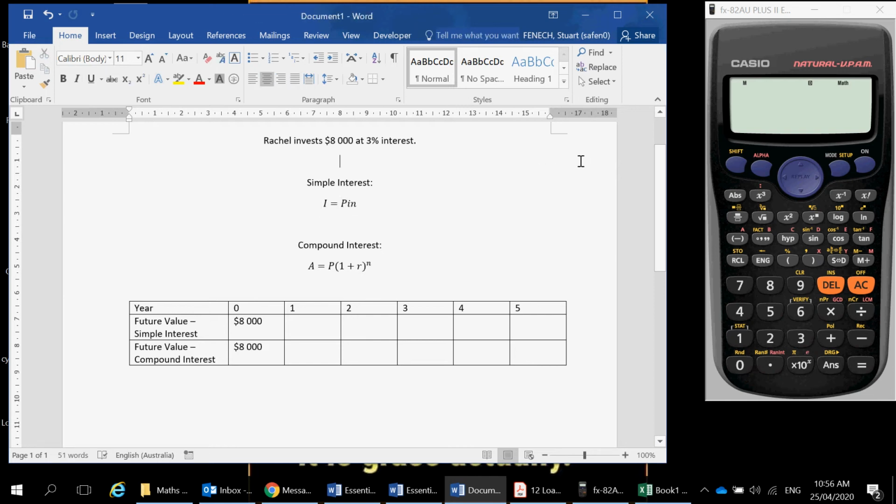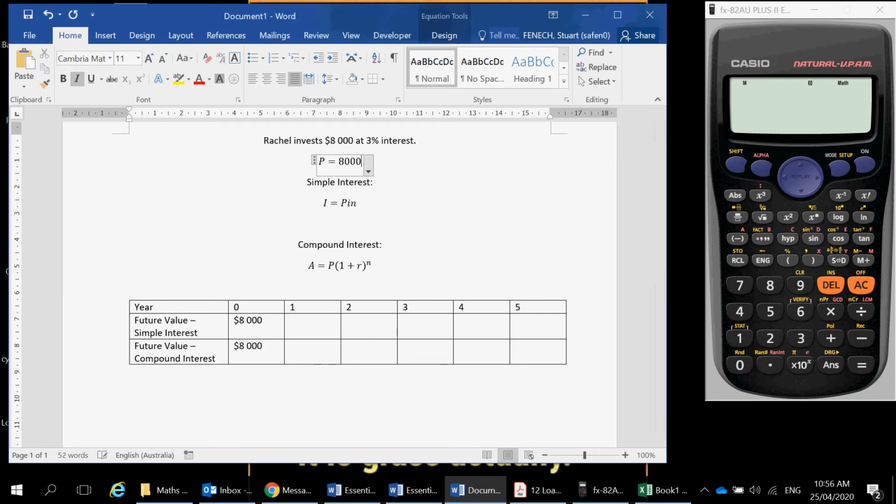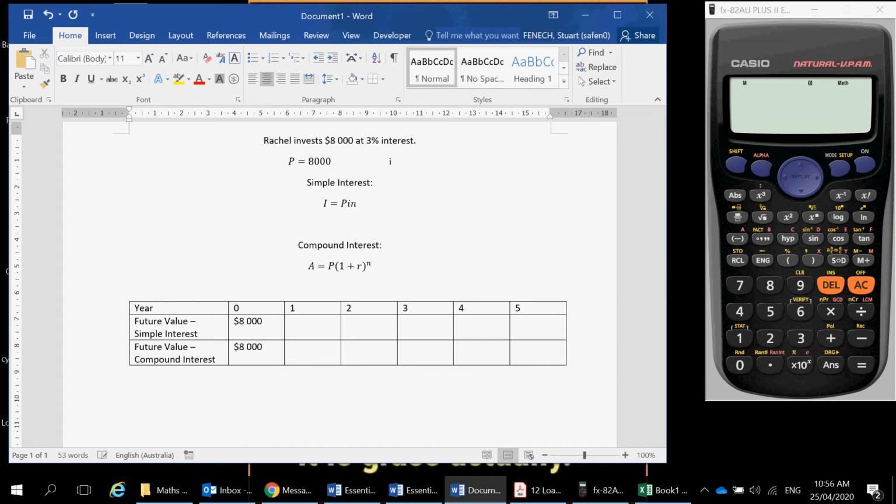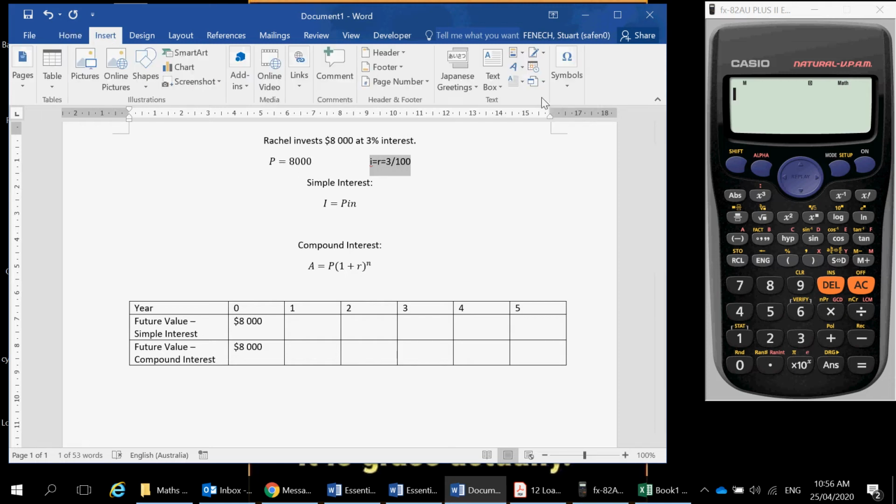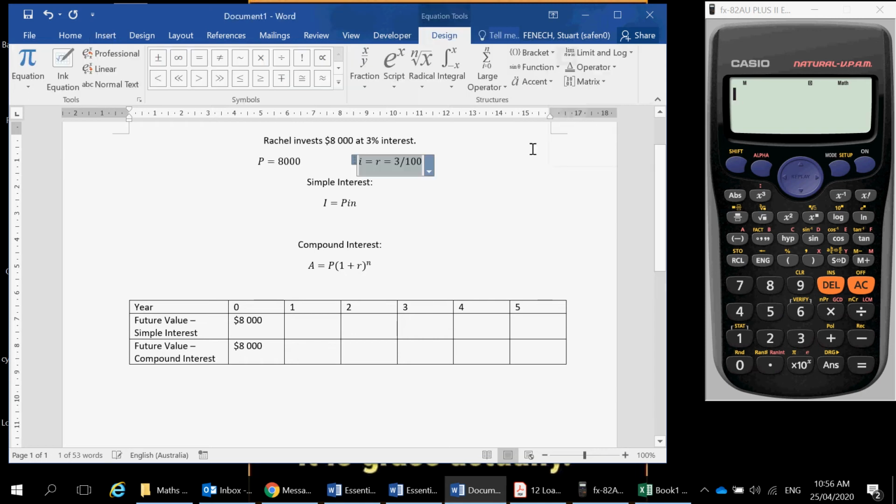What have we got? 8,000 is P, so I'm going to write P is 8,000. I have I, lowercase I, which is the same as R, which is 3%, which is 3 over 100. So I might make that into a formula. There we go, that looks a bit better.